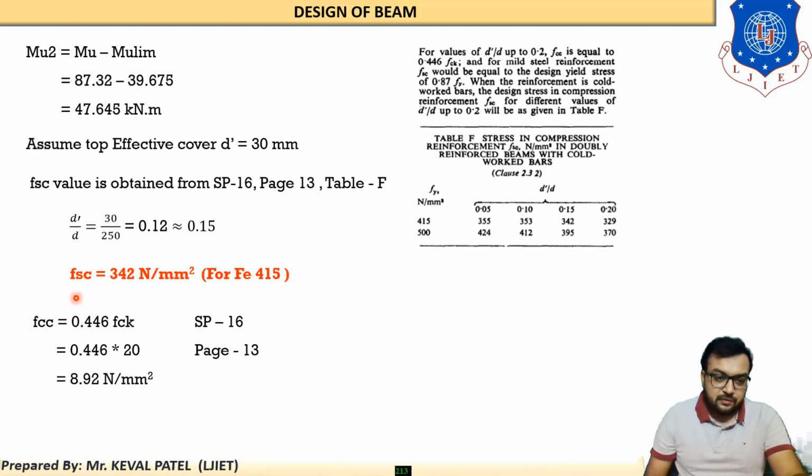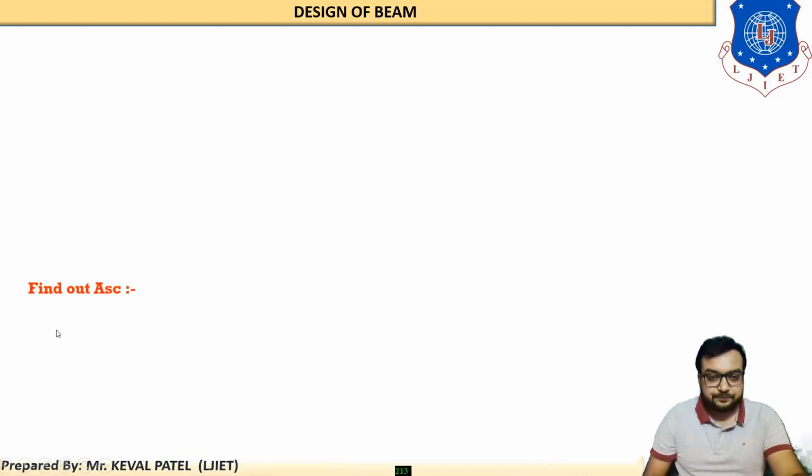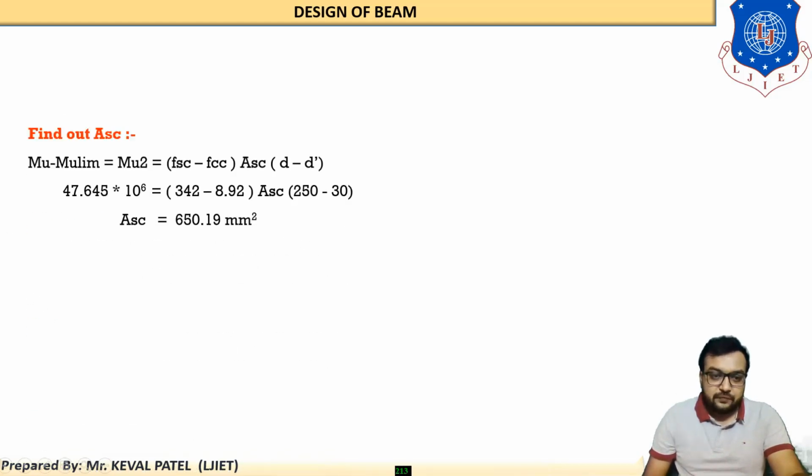Students, after finding fsc and fcc, now let us find the value of Asc. The equation is Mu2, which is also called Mu minus Mu limit, equal to (fsc minus fcc) into Asc into (d minus d').